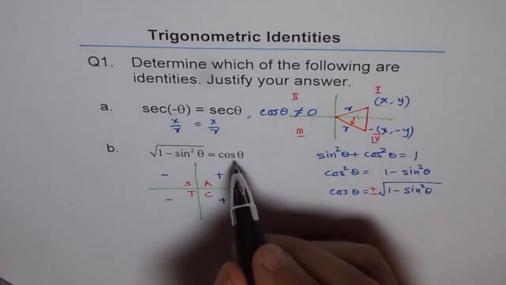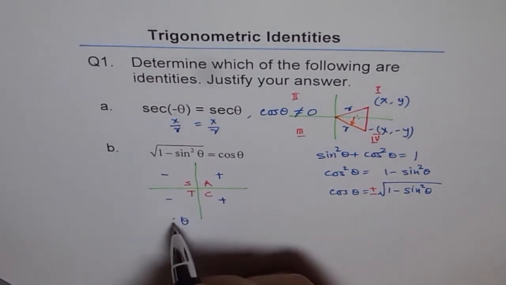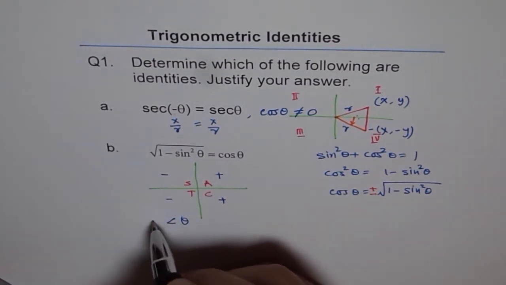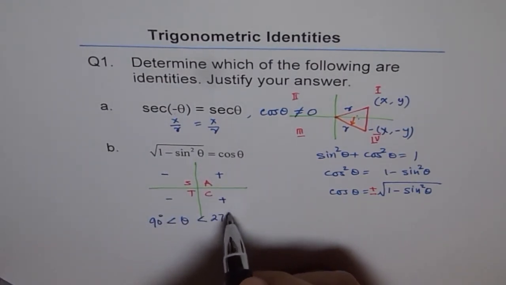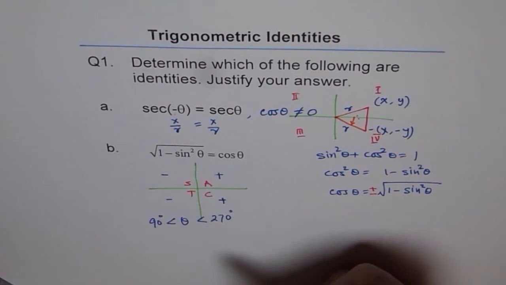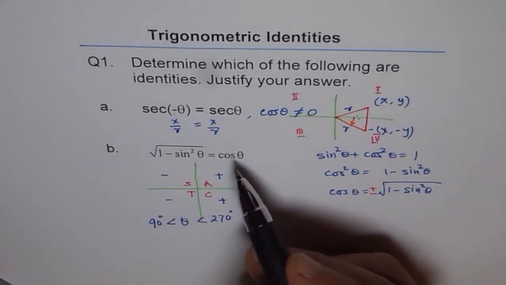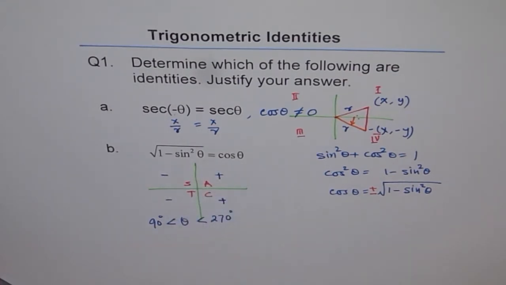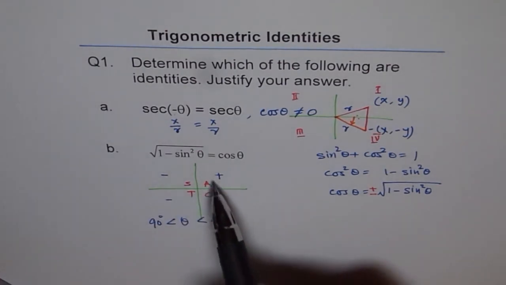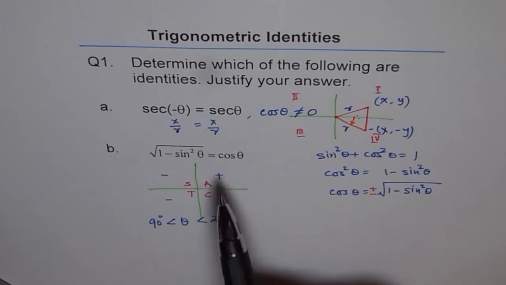So if theta is greater than 90 degrees and less than 270 degrees, this equation will not be satisfied, because we'll get a negative value on the right side but a positive value on the left side. So it is not equal in the entire domain. Therefore, this is an equation but not an identity. Okay?